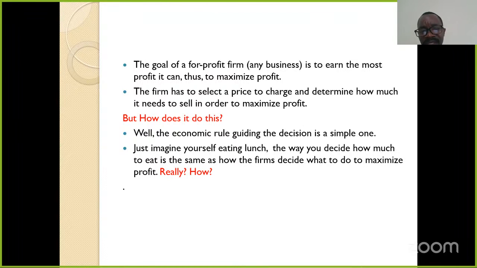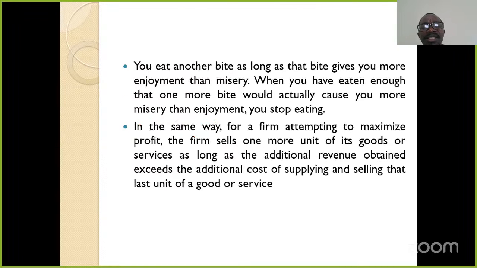How? Let's see. You eat another bite as long as that bite gives you more enjoyment than misery. If you start feeling pain in your stomach, you stop. When you have eaten enough, that one more bite would cause you more misery than enjoyment. Then you actually stop eating.